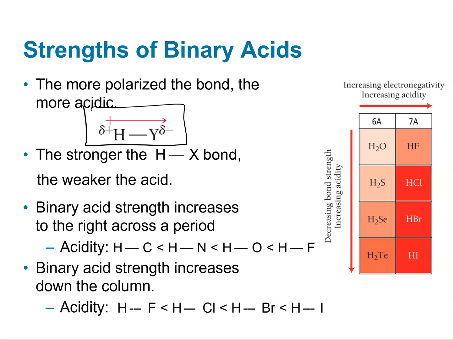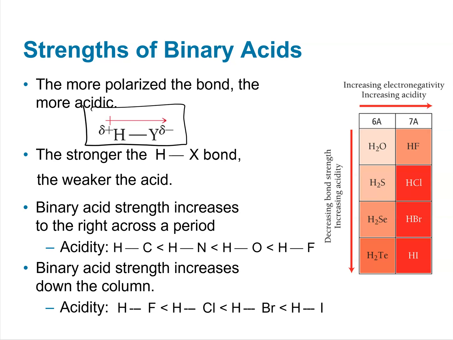And the more polar it is, the more the electrons get pulled towards the central atom Y, and the more tightly the central atom already owns those electrons, the easier it is to just let go of the proton. And the easier it is to let go of the proton, the easier it is for that proton to behave as an acid.